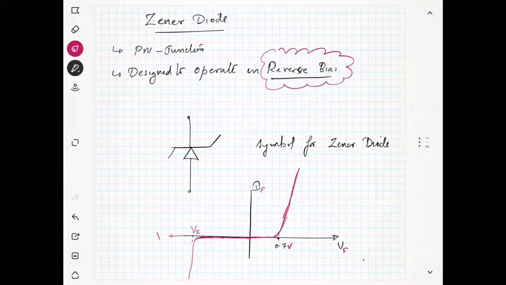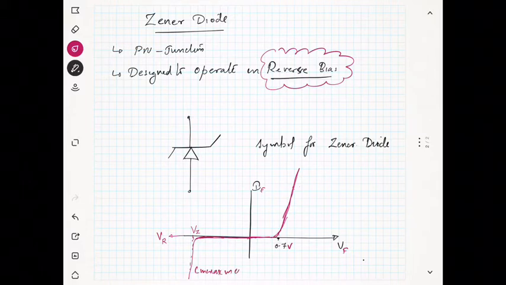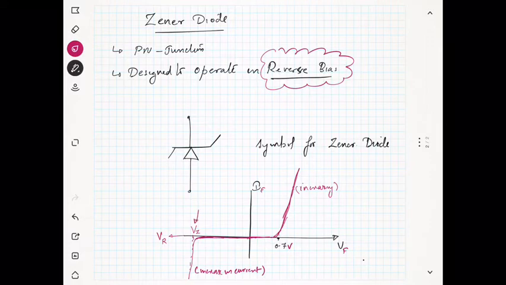This is the reverse bias voltage. After that, the current increases drastically, like in forward bias. Inshallah we will discuss this in detail.